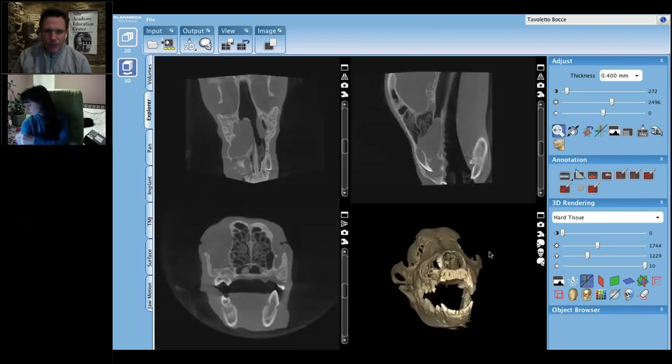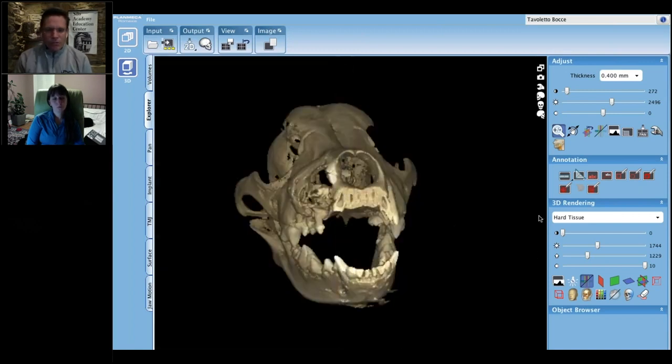But I think one of the things that's really helpful as a surgeon is to have a visualization of what things are supposed to look like when you get in there, right? Because the anatomy is going to be out the window in these cases because of the changes due to the pathology. So the 3D reconstruction is really nice.